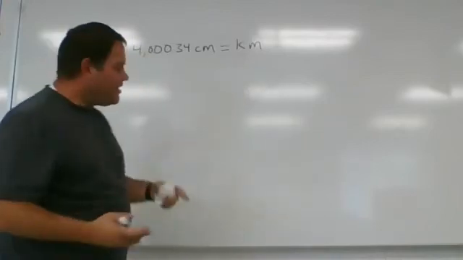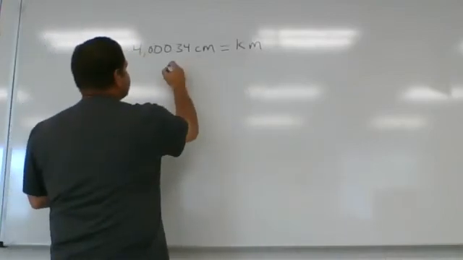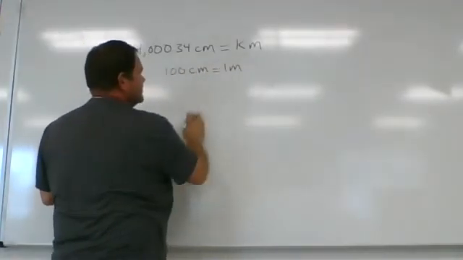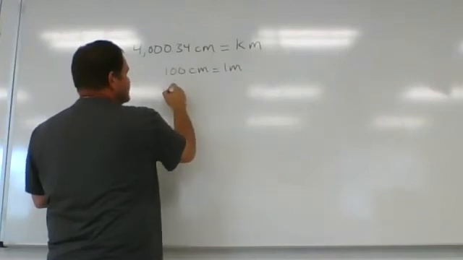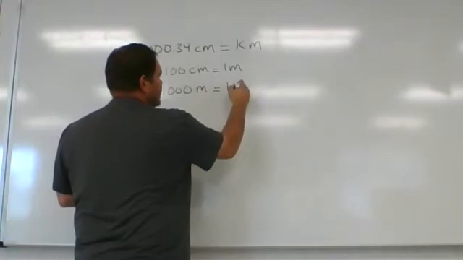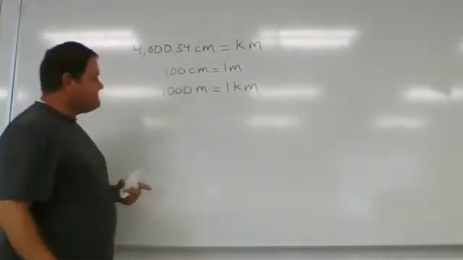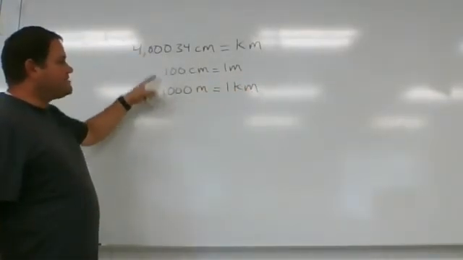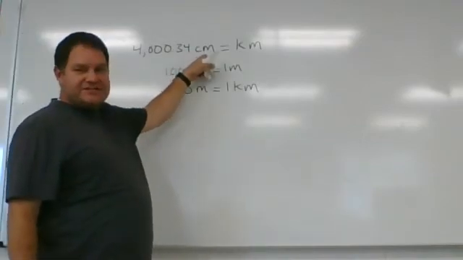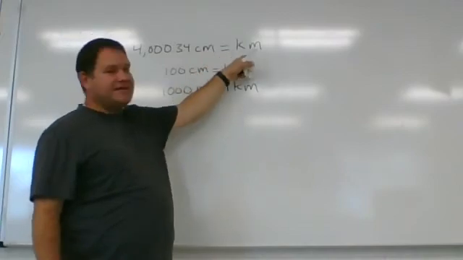For example, I know that there is 100 centimeters in 1 meter. I also know that there is 1,000 meters in 1 kilometer, okay? So I know these relationships, I just don't know for certain what is the relationship between centimeters and kilometers.